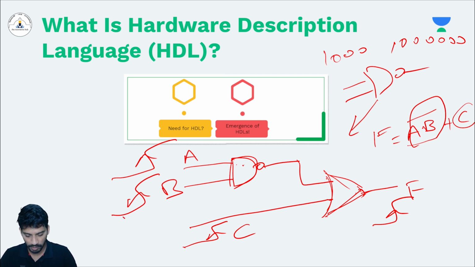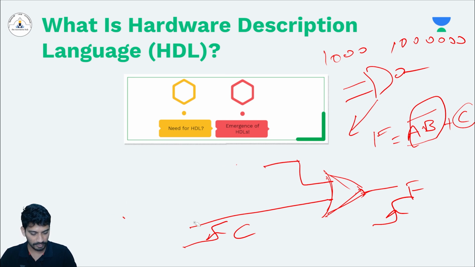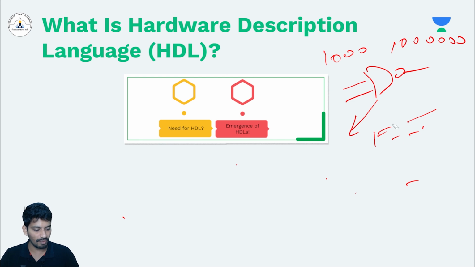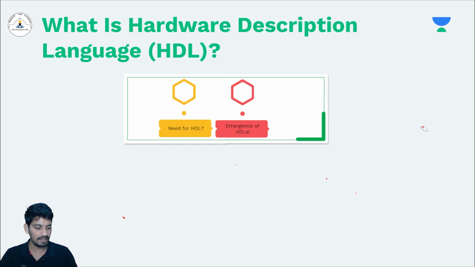So let's take an example. If you want to design a memory, in this particular case, let's say an SRAM memory, don't worry about what an SRAM memory is. I'm just giving a brief idea. In future sessions, we'll describe how to design an SRAM memory also.